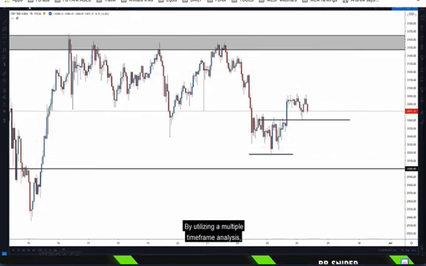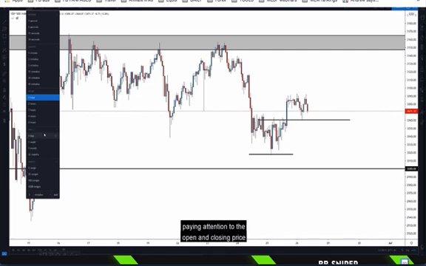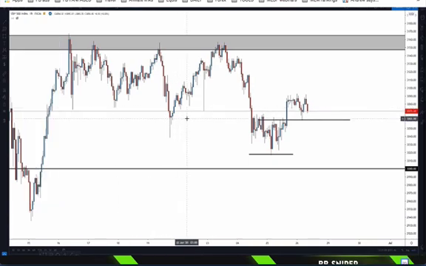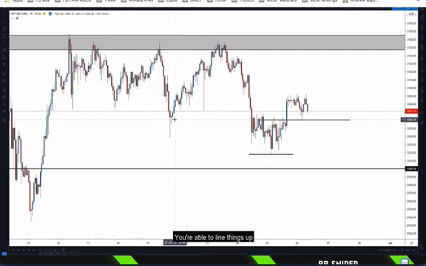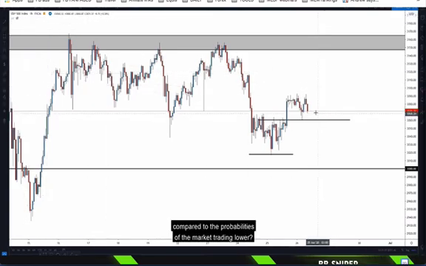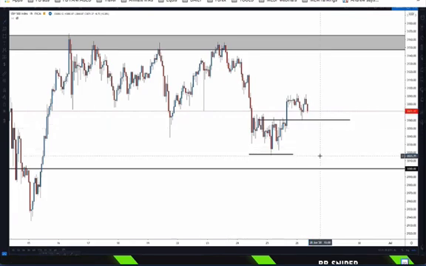By utilizing a multiple time frame analysis, paying attention to the open and closing price of where the daily is at, what's going on in an intraday time frame, such as the 4-hour or 1-hour perspective, you're able to line things up within the evidence that the candles are demonstrating to you that will help confirm what are the probabilities that the market is going to go up compared to the probabilities of the market trading lower.